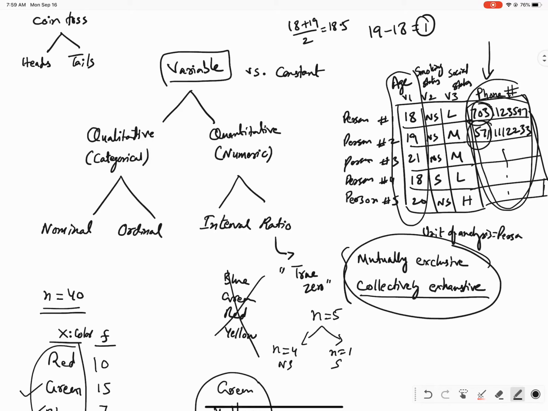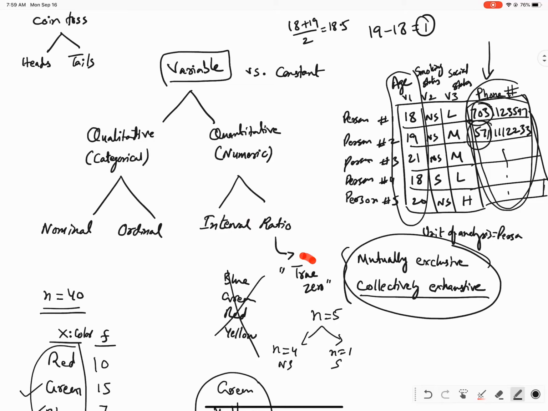If the true zero is present for a variable, then that variable is a ratio variable. So we really need to get a handle on what is meant by true zero. If true zero is not present, then the numeric variable is an interval variable. Right? So true zero is present, the variable is ratio. True zero is not present, the corresponding variable is interval.